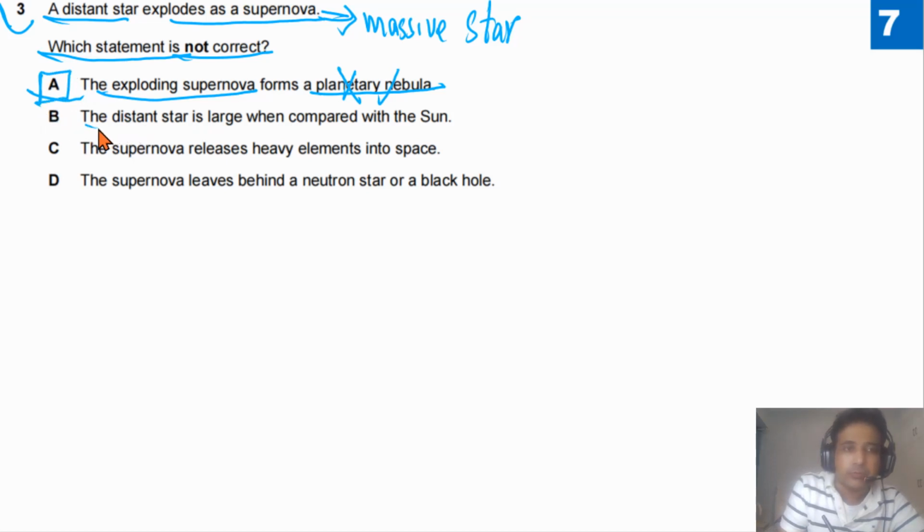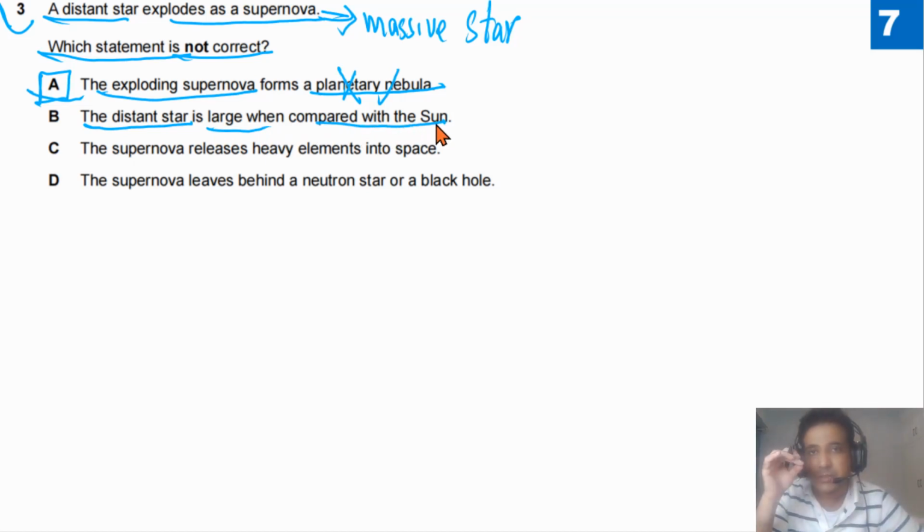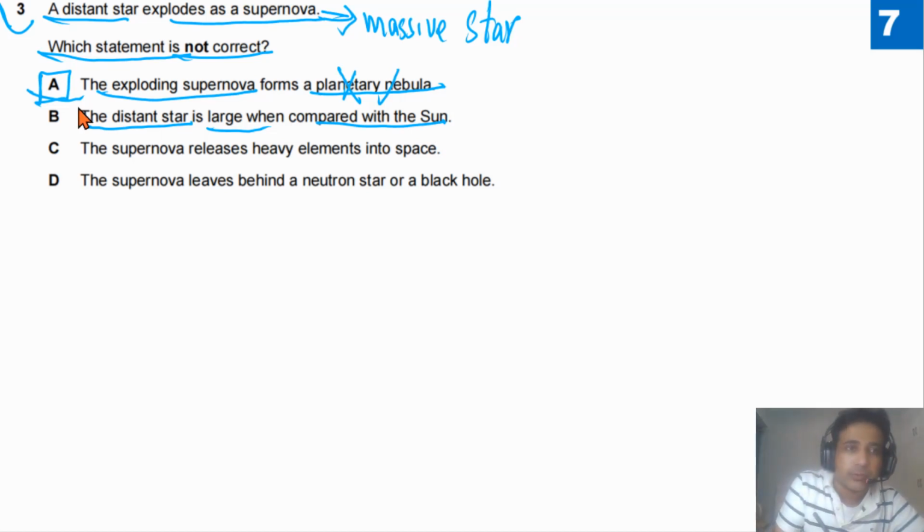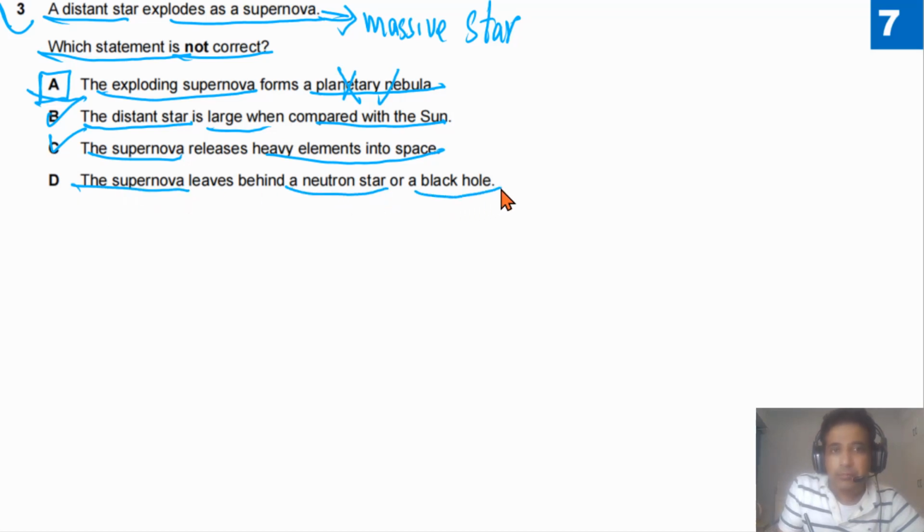If you look at option B, it says the distant star is large when compared with the sun. Yes, because the distant star explodes as a supernova, it means the distant star is a massive star, so option B is correct. The supernova releases heavy elements into space. Yes, this is also true. The supernova leaves behind a neutron star or black hole.